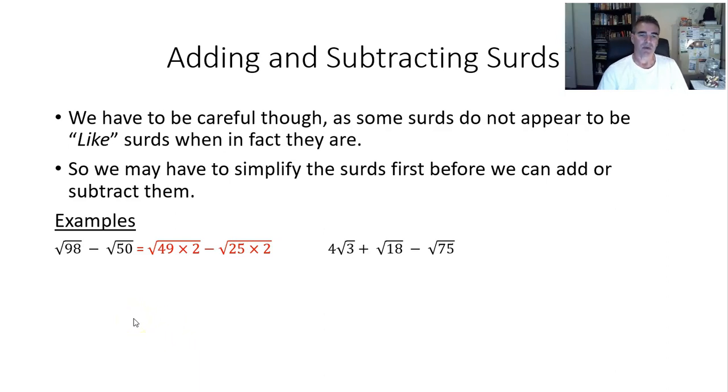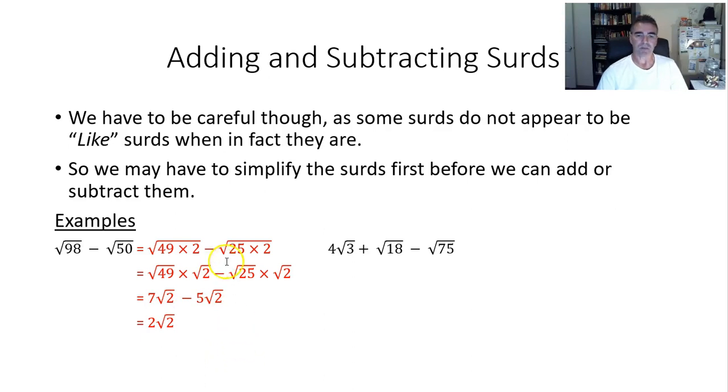And remember when we were simplifying them before, we can separate them. So square root of 49 times the square root of 2, separate that surd. Same with this one, separate them into 2. Simplify the first one, so that becomes 7 root 2, and the second one becomes 5 root 2. And then they're like surds, 7 root 2 minus 5 root 2 is 2 root 2.